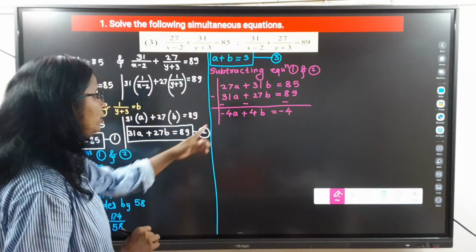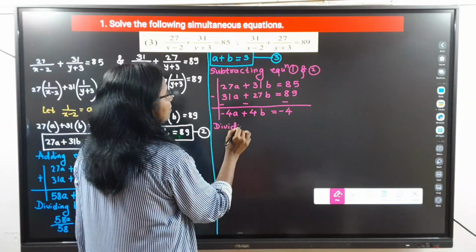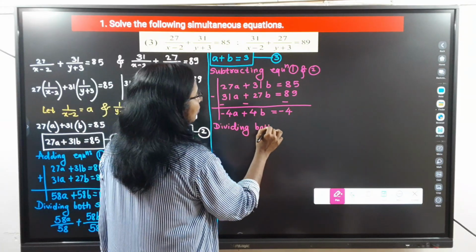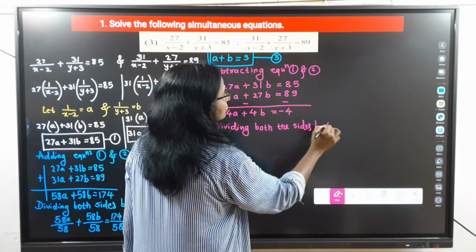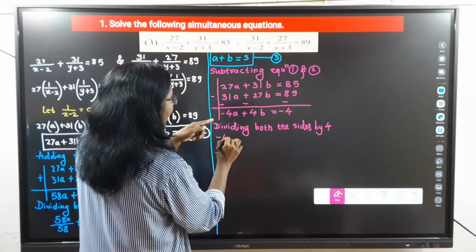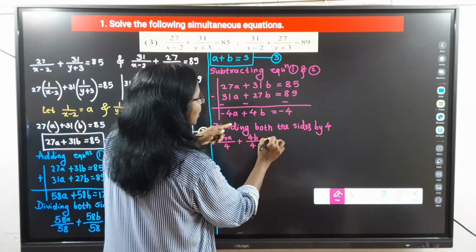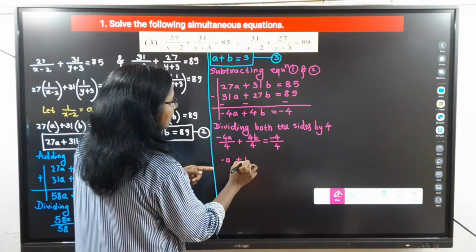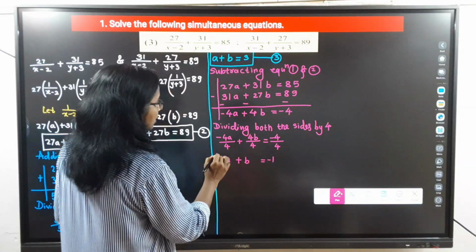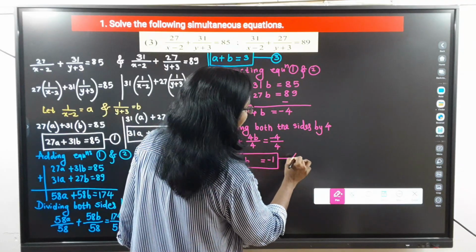Now dividing both the sides by 4, minus 4a upon 4 plus 4b upon 4 is equal to minus 4 upon 4. Therefore minus a plus b is equal to minus 1. This is the new equation, so we call it the fourth equation.